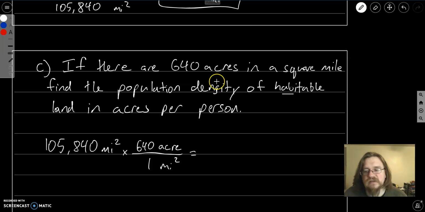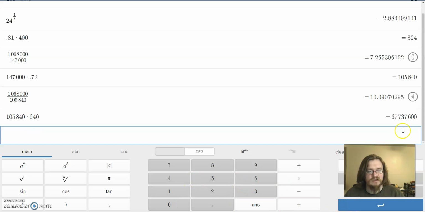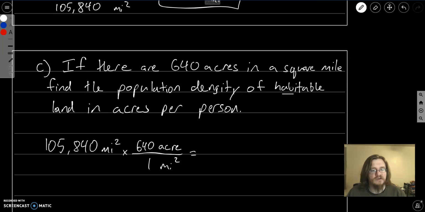So if we multiply this out, 105,840 times 640. We're getting some pretty big numbers, but luckily we've got calculators. So 67,737,600.